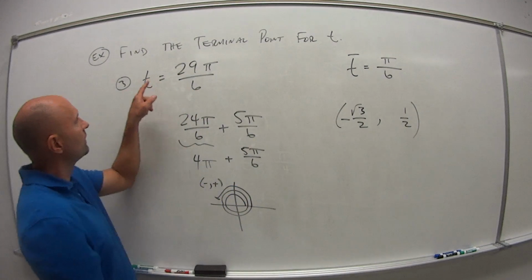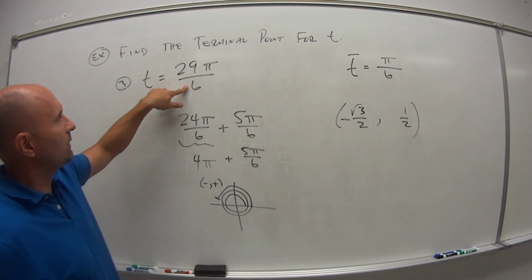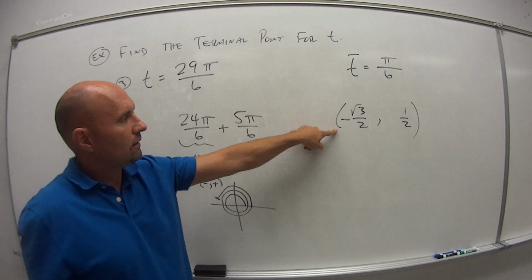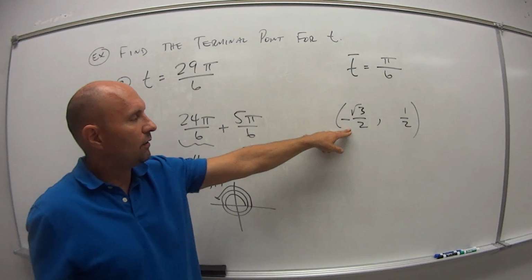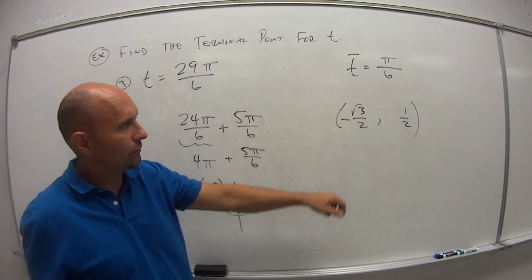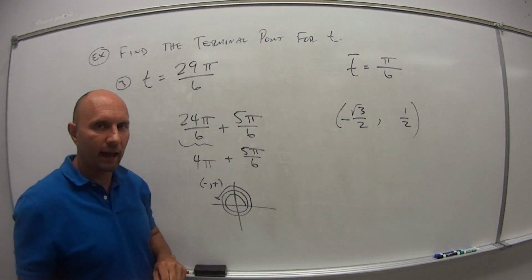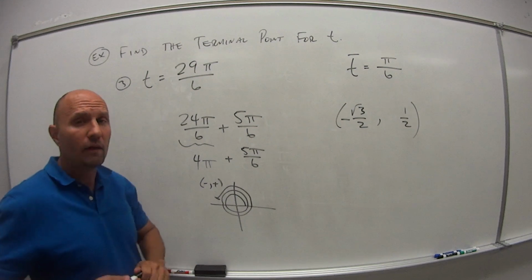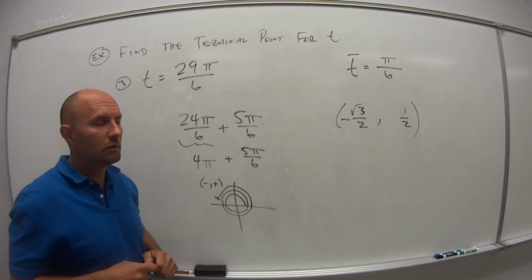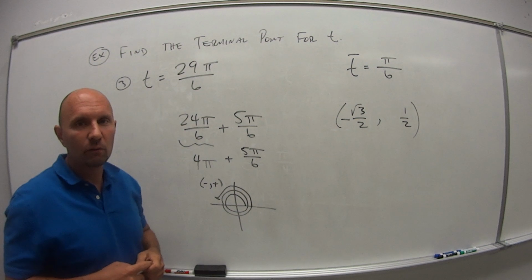So that means when my terminal point is 29 pi over 6, using the reference number, I know that the terminal point is equal to negative square root of 3 over 2 and positive 1/2. That ends section 5.1. Good luck, and we'll see you in class.